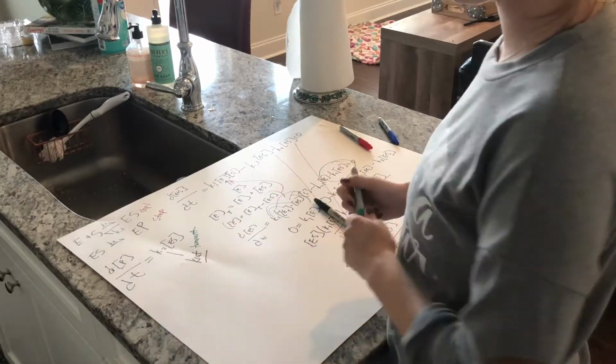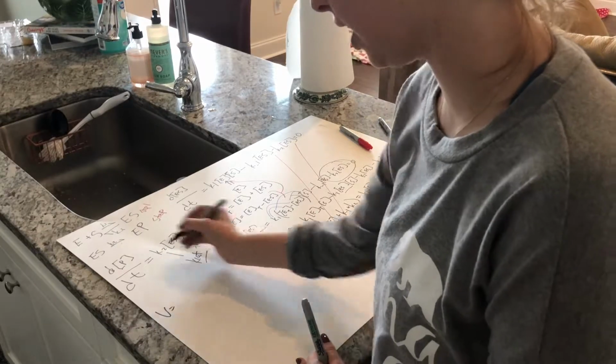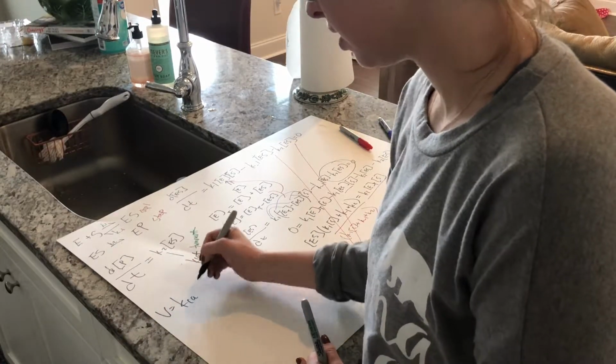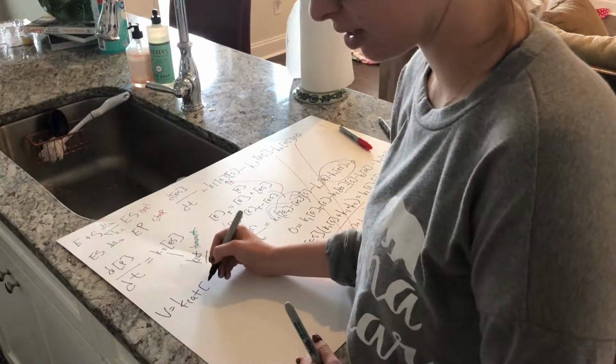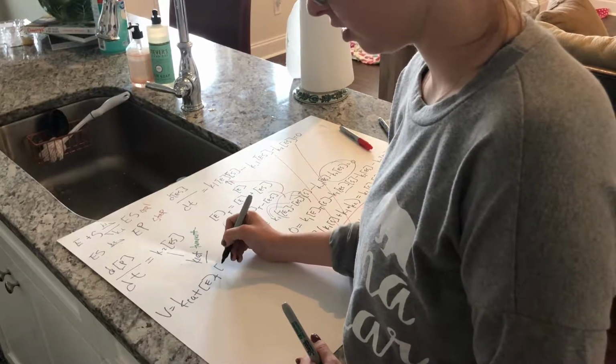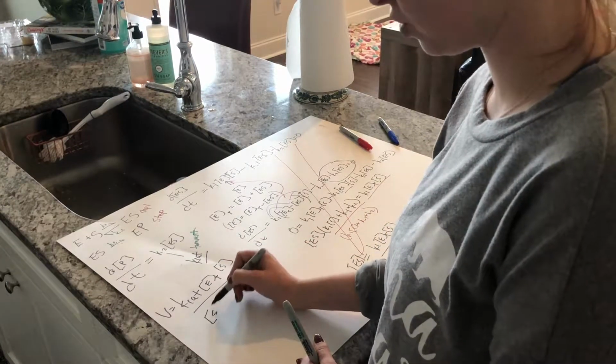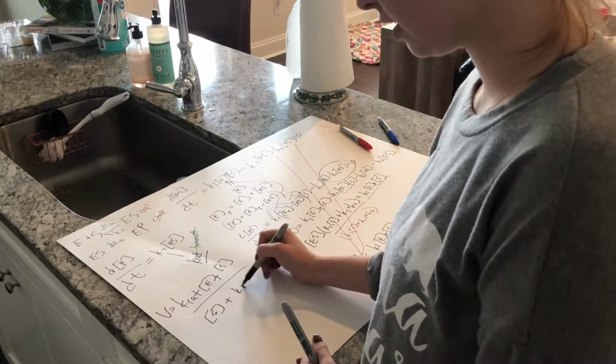So essentially velocity. We can say the velocity is equal to Kcat, the same thing as K2, times the enzyme total and the substrate concentration divided by substrate concentration plus Km.